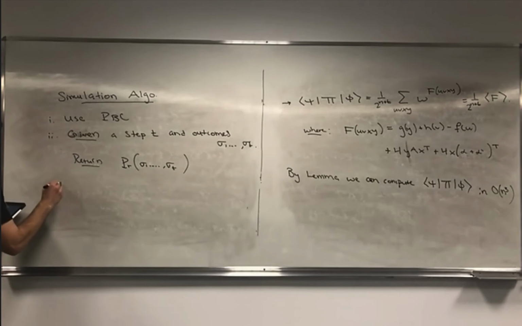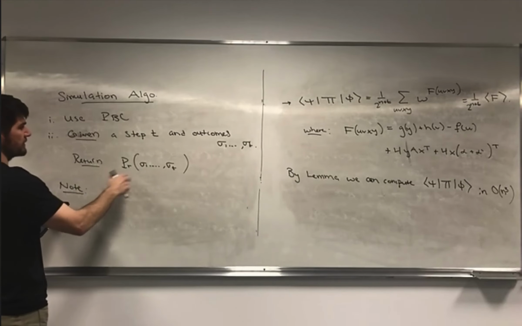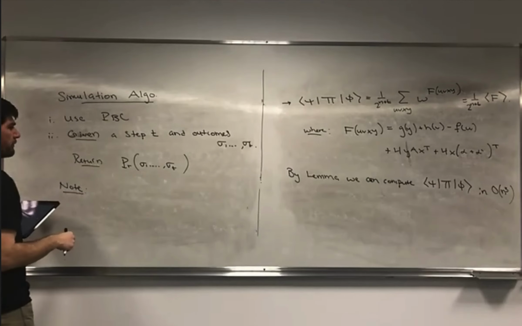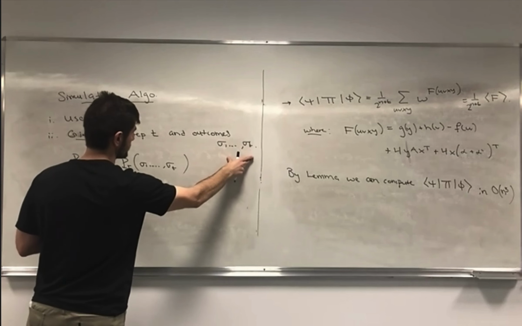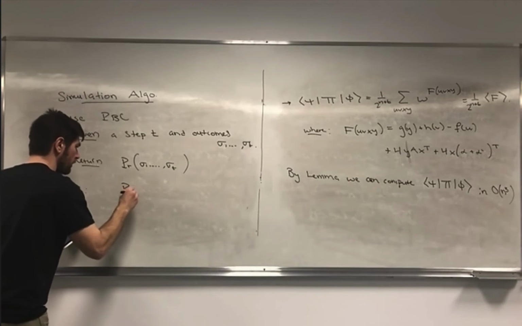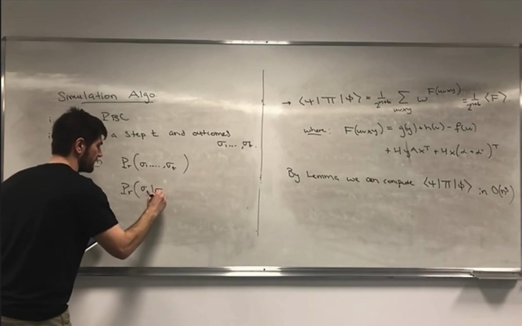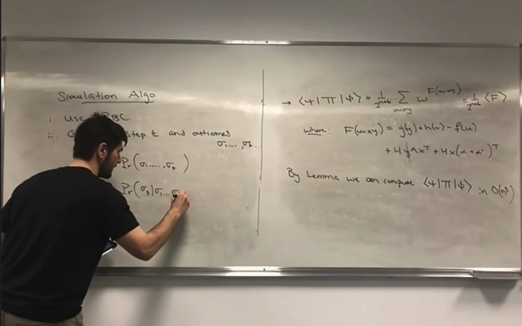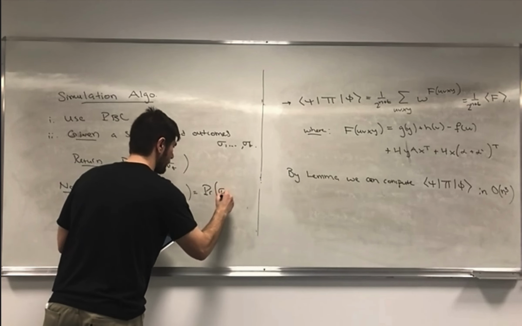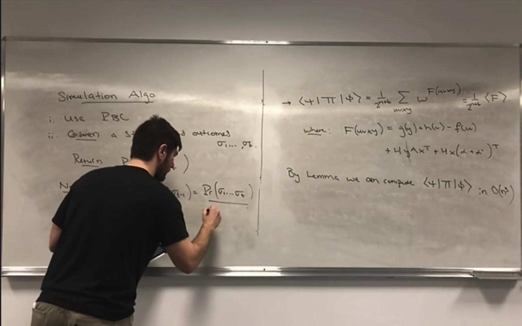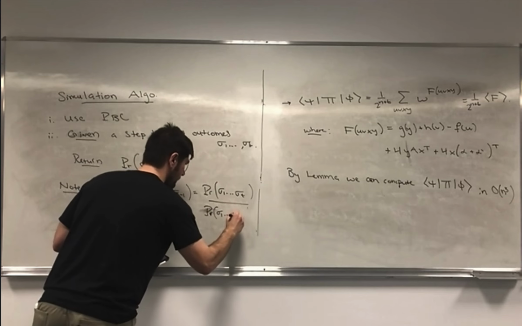So just as a side note, this algorithm, given these, returns this set of probabilities. If we run the algorithm twice, but on one less step, for example, we can also compute the probability of sigma t given sigma 1 through sigma t minus 1, because we have this law of probability: the probability of sigma 1 through sigma t over the probability of sigma 1 through sigma t minus 1.